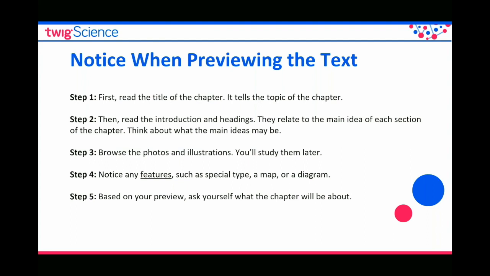They get you prepared for what you're going to read so you can activate your background knowledge, browsing the photos and illustrations, and then noticing what features are there and getting ready to think about how that content is going to relate to what you're reading. And all of that information in that preview, including noting the text features, can really get you ready for what you're about to read and help you make predictions before you read about that.